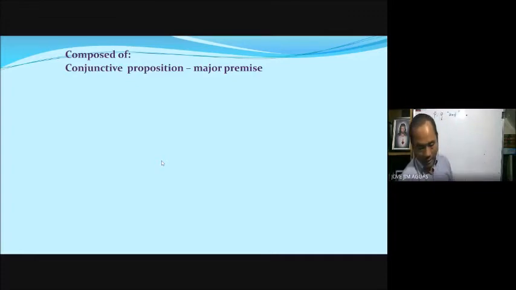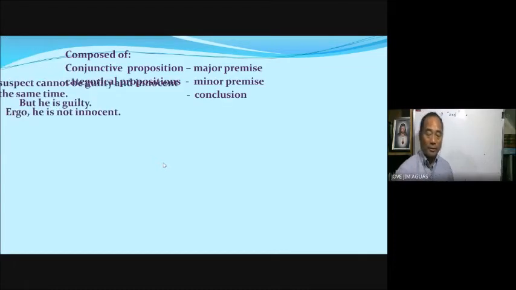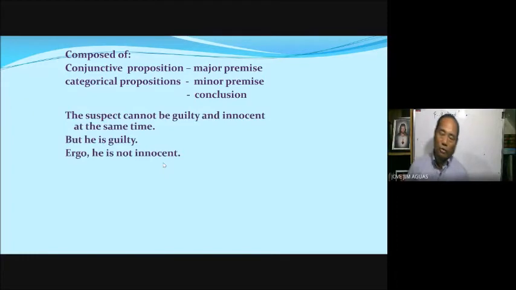So it has this conjunctive proposition as major, and categorical propositions as minor and conclusion. So it's like this: a suspect cannot be guilty and innocent at the same time.